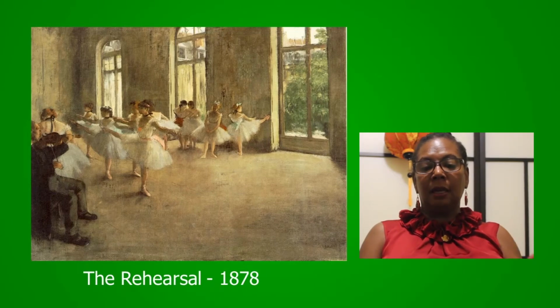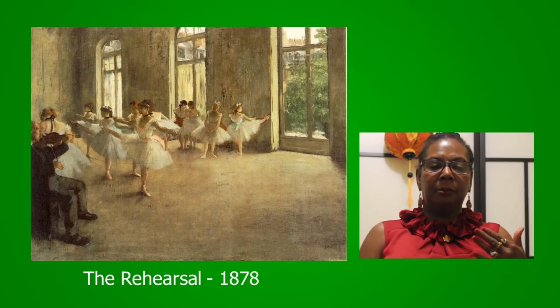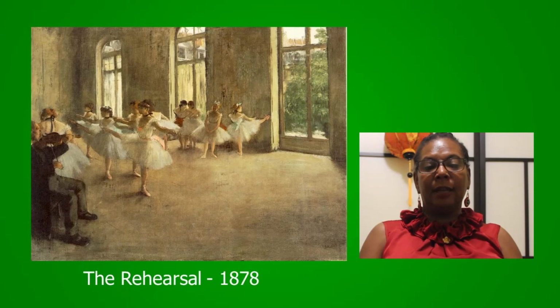Now the contrasting comes into play with the actual ballerinas. So take a look at their white attire, and then we see an individual in black with gray pants. So all of that is playing on the natural light that we see seeping through the windows. Now also, I want you to pay attention very closely to the nature outside of the window.